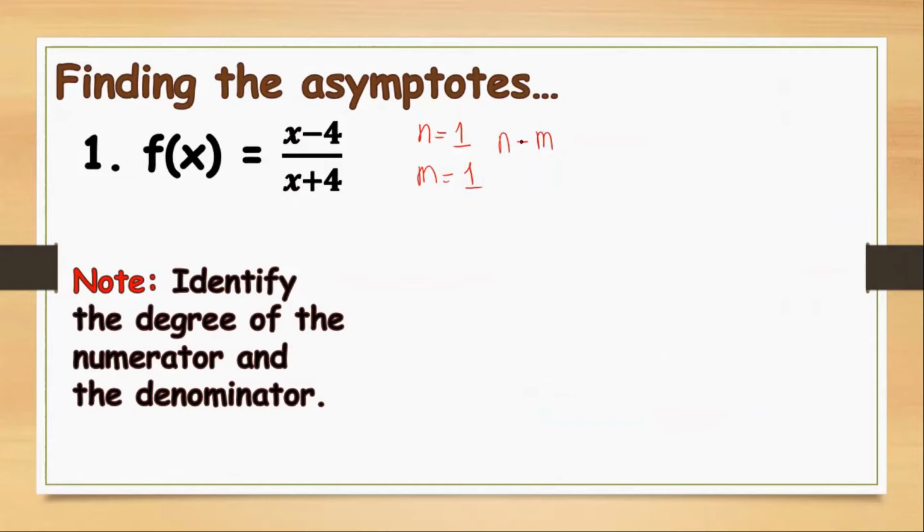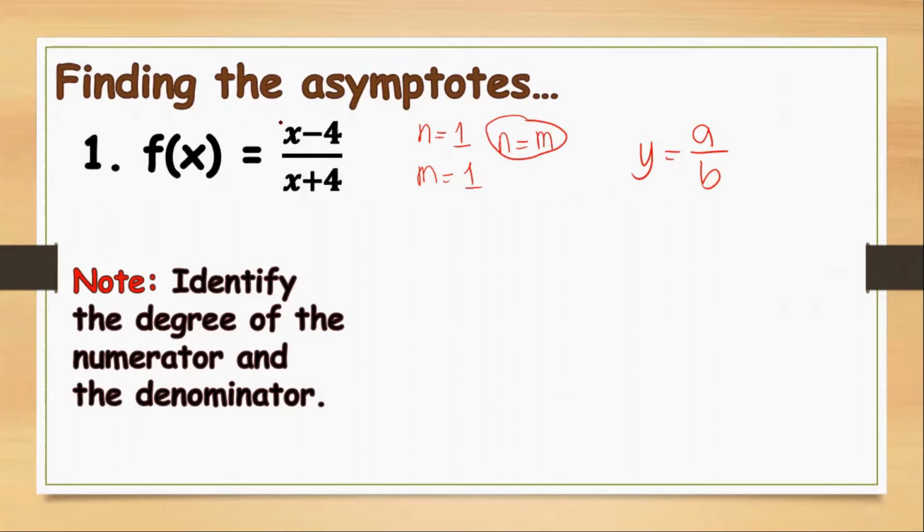Therefore, we can say that n is equal to m. Since they are equal, our horizontal asymptote will be y equals a over b, where a is the leading coefficient of the numerator and b is the leading coefficient of the denominator.